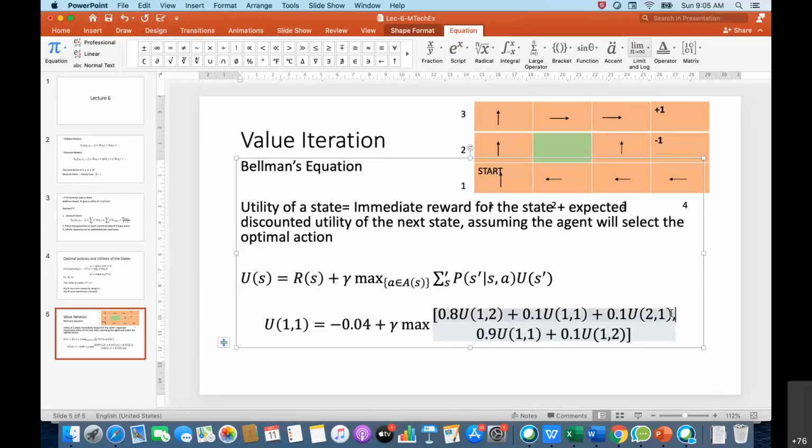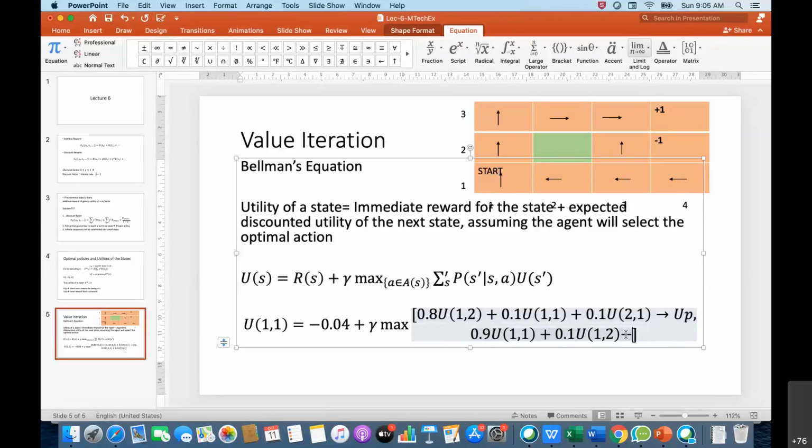Let's mark it. This is against action up. This is against action left.